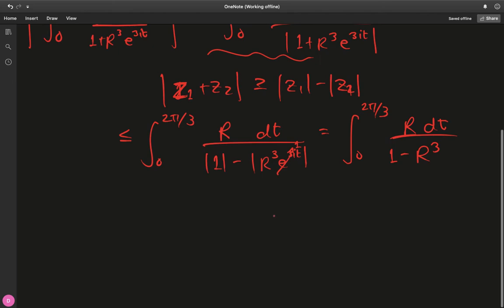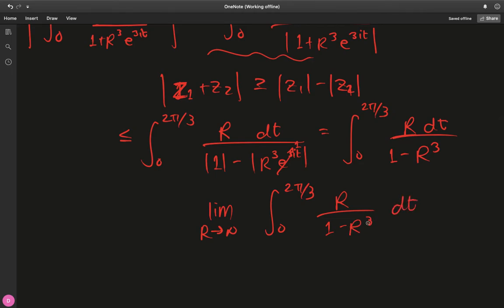And now I'm going to take the limit as r goes to infinity. So in the limit, the integral from 0 to 2 pi over 3 of r over 1 minus r cubed dt will go to 0, because the denominator will grow faster, being a cubic term. The numerator is linear. You can use L'Hopital's rule if you want, but the denominator will go to infinity quicker, making the entire term go to 0.